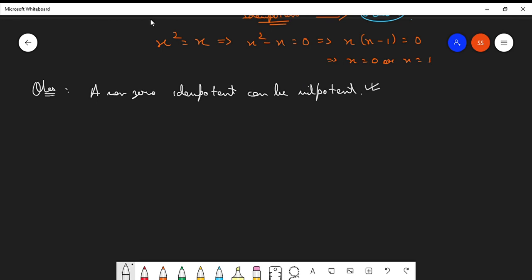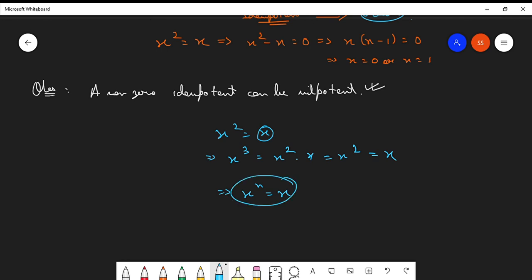Why am I saying this? Suppose x square is equal to x. Then x cube is equal to x square into x, and x square is x itself, so this becomes x square, and again x square is x, so this becomes x. In this way, if you raise x to any natural power, it will always give you x. So only if x is 0 will this become 0.